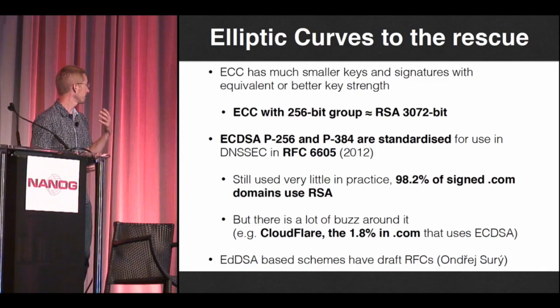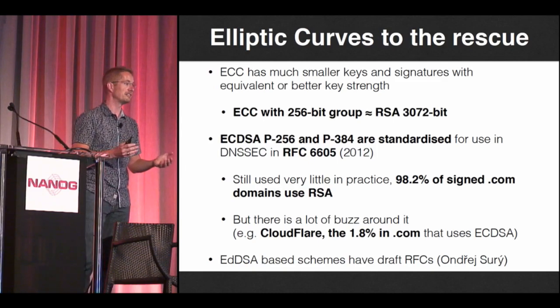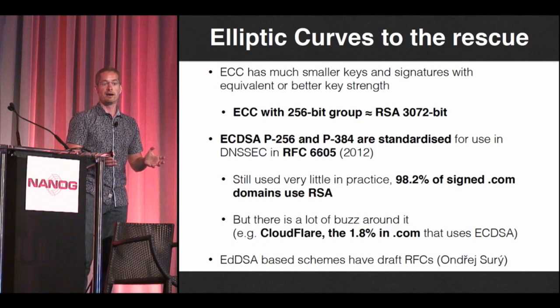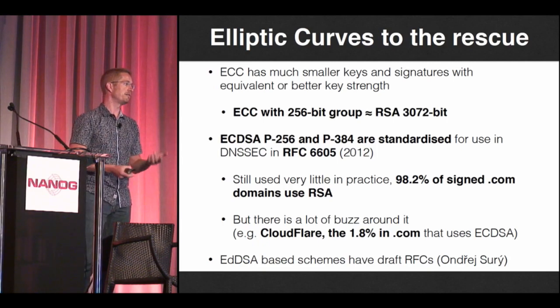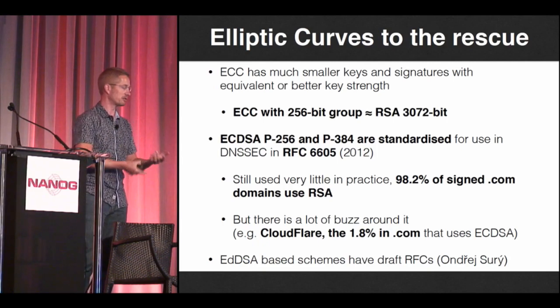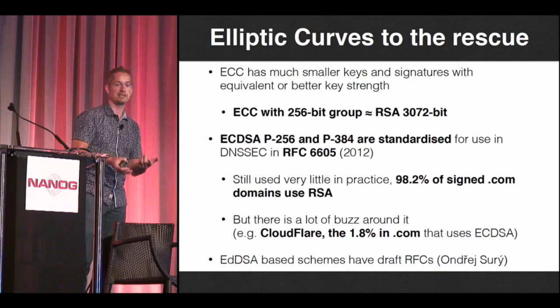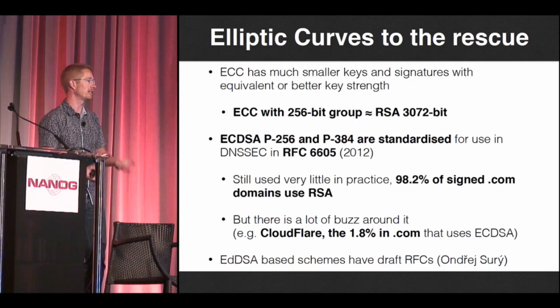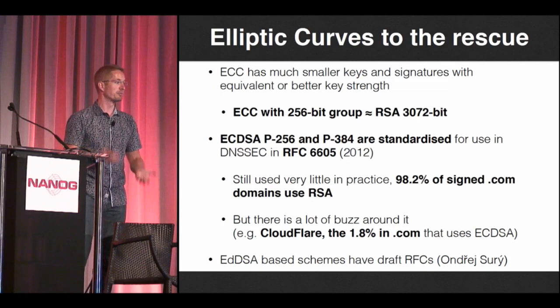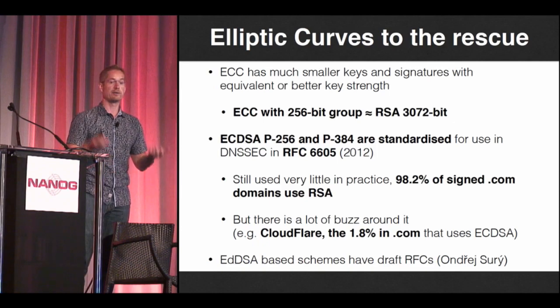Unfortunately, it's still used very little in practice. 98.2% of signed .com domains still use RSA. But there is a lot of buzz around it. If you go to ICANN meetings or if you go to the IETF, then you will see people talking about using elliptic curve cryptography in DNSSEC. And actually, there is one large operator that has already deployed this at scale, and that's Cloudflare.